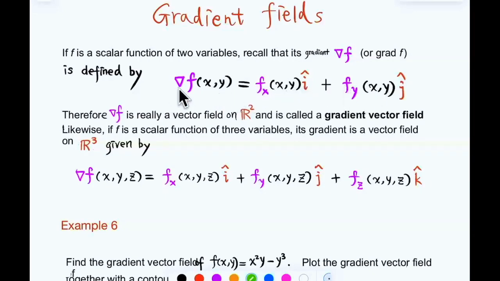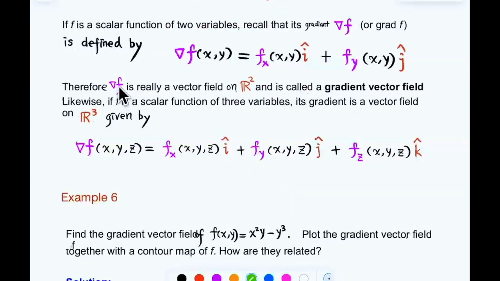And then this will be the gradient, right? So the gradient of f here, if f is a function of two variables, the gradient f is a vector field on R2 because it takes a point in R2 to a vector in V2, right? You have two components in this vector. And it's called a gradient vector field.